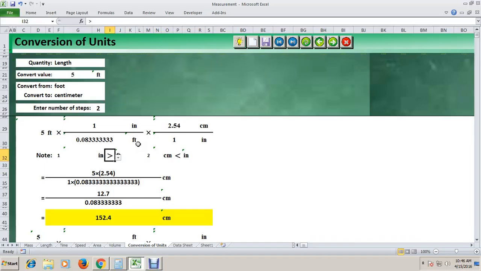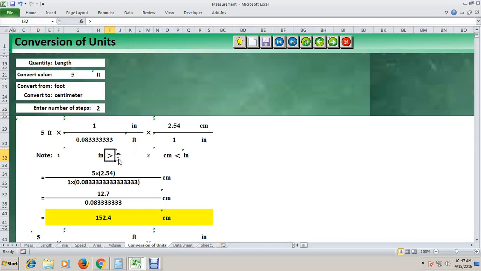But of course, between remembering 12 inches for every 1 foot, compared to remembering 1 inch for every 0.0833 and so on number of feet, of course, it is easier to remember that there are 12 inches in 1 foot.